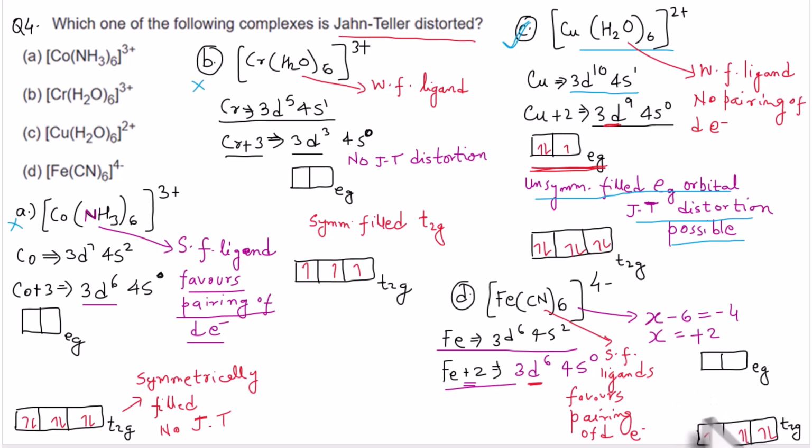Since there is symmetrical filling of t2g orbitals, this complex also does not show Jahn-Teller distortion. So out of the 4 options, only option C, which has copper in the d9 electronic configuration, shows Jahn-Teller distortion. The correct option for this question is option C.